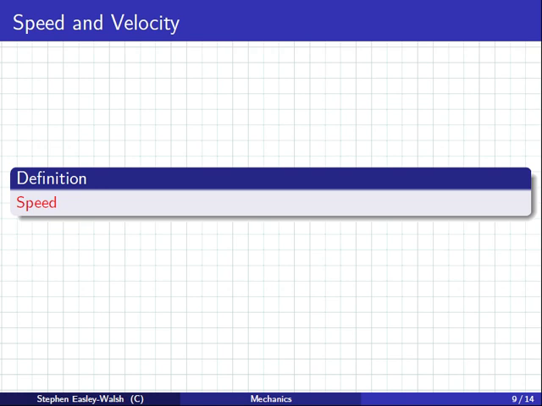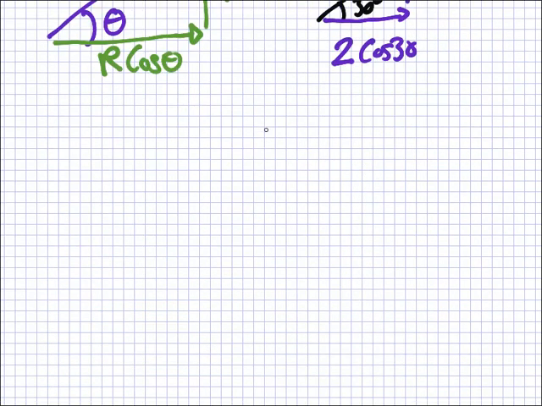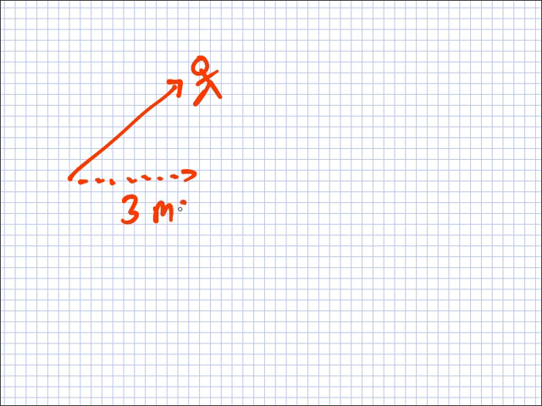Speed can actually be defined as the magnitude of the velocity vector. So for example, if I tell you he's heading this way, and this side here is 3 meters per second, and this side here is 4 meters per second, okay?